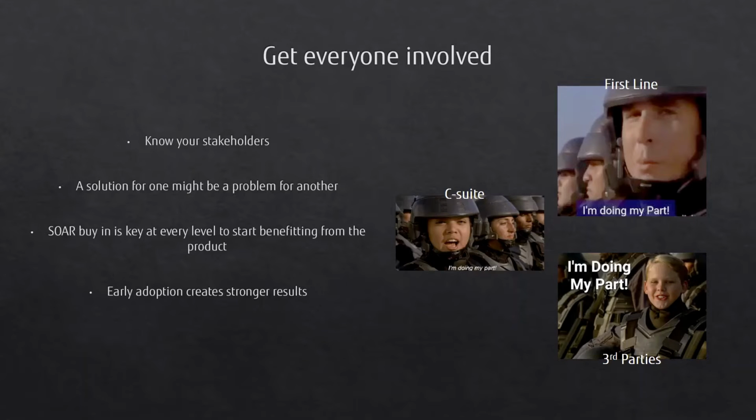But will the first line really have considered things like when the IOC should be timed out and removed from that block list, or who needs to know that the block's been put in place? Does an ITSM solution need to be updated for reports and things like that? So the more people we get involved when we identify a problem and a potential SOAR solution, the more likely we are to get it right the first time.